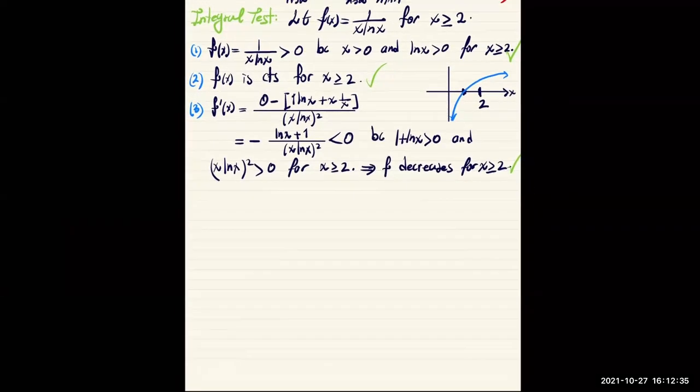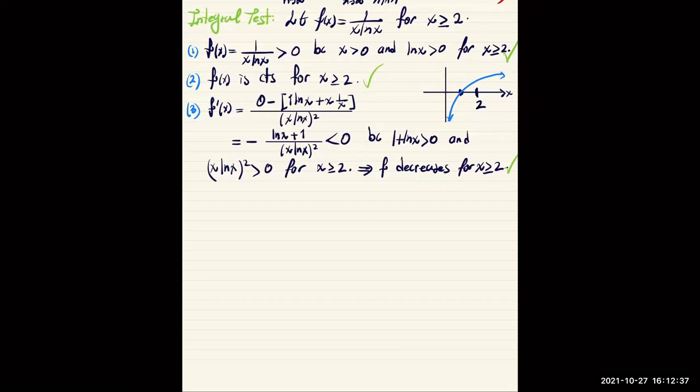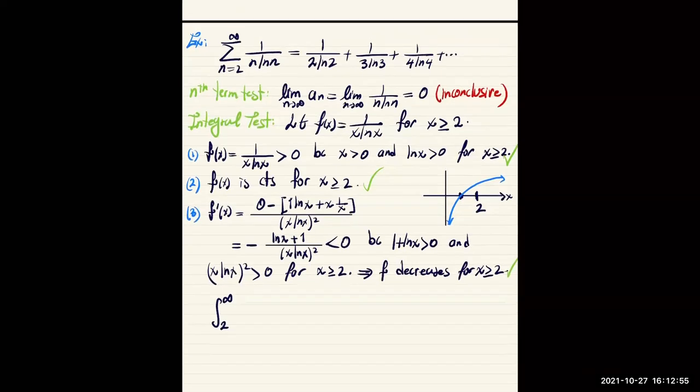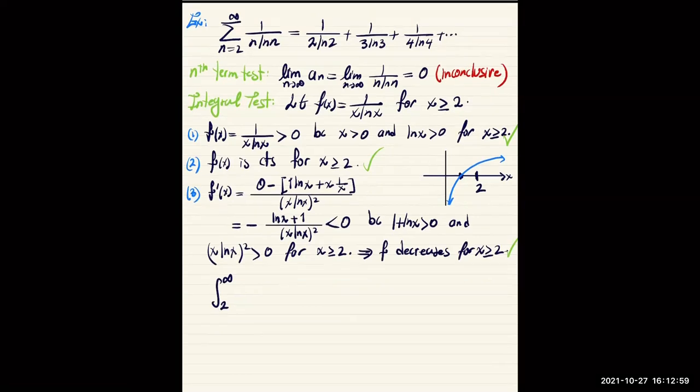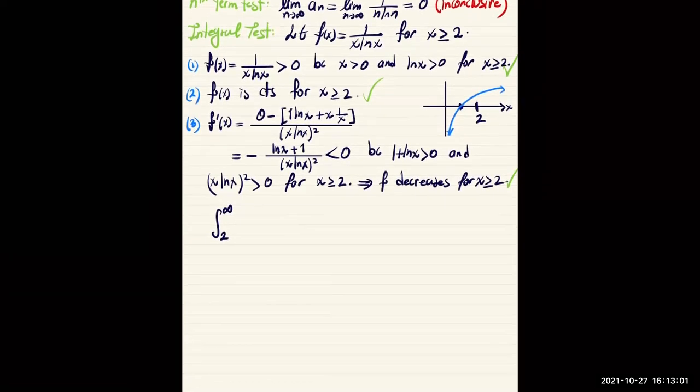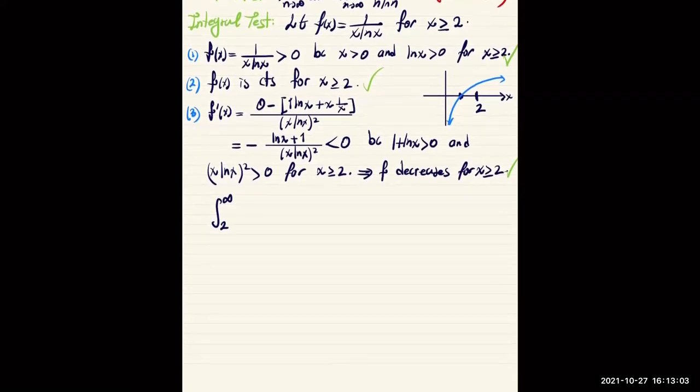We most likely can't find the antiderivative, but for this function, we actually can. We do the integral from 2 to infinity. Don't do from 1 because 1 is not in the domain. Everything begins at 2 because the index begins at 2. On 1 to infinity, the function wouldn't be continuous. The integral test wouldn't work.